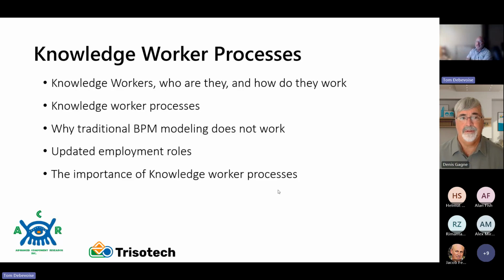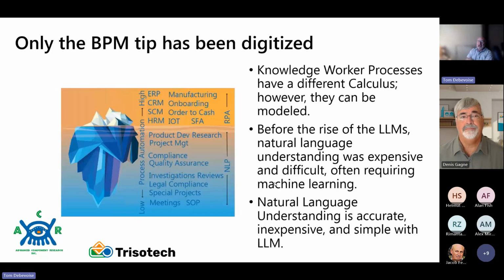Again, we've kind of covered this point, but if you look at highly static processes like order to cash or onboarding or supply chain management and Internet of Things, these things have already been digitized.